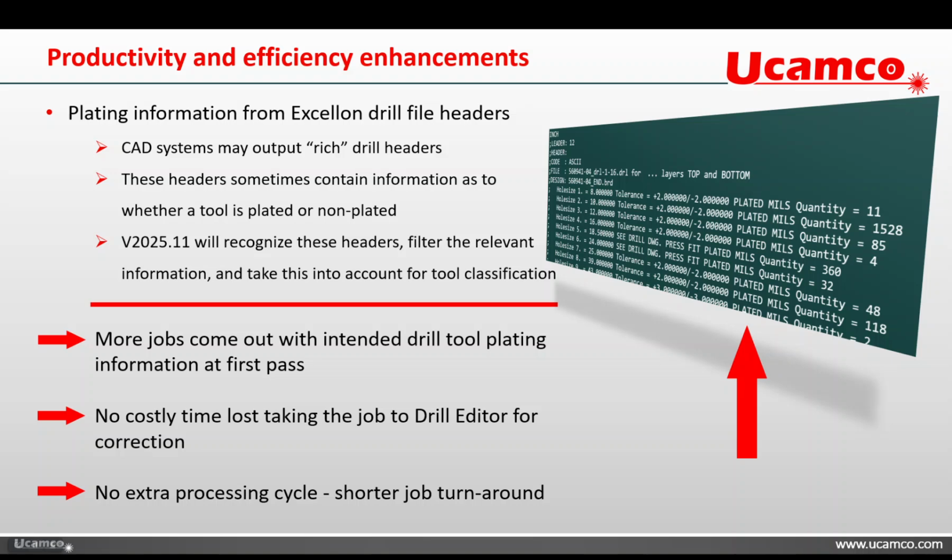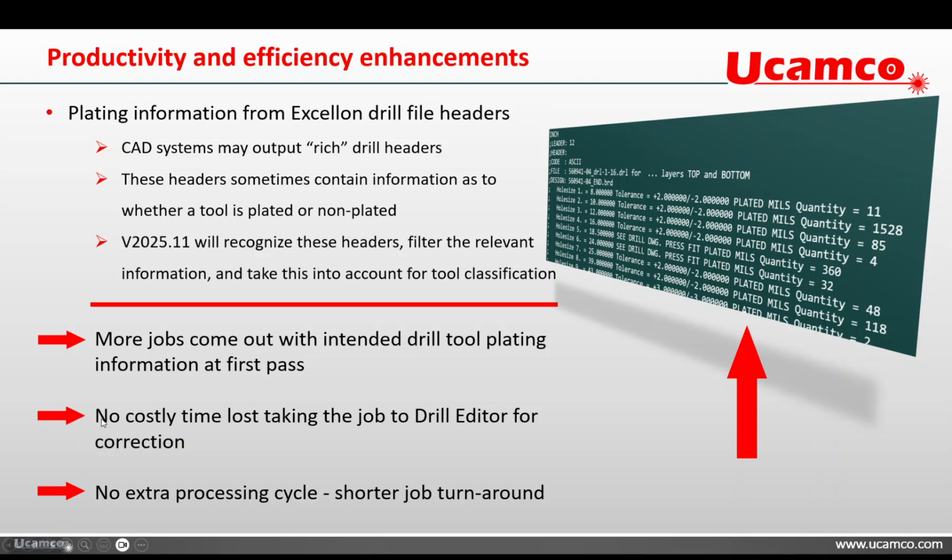This whole system works with weights, and what we do is if this information about the plating is present in a header for tools in the Echelon file, then we will give that a weight, an importance, to be taken into account as we decide whether a tool is going to be plated or not. So what we have seen is that more jobs come out with the intended drill tool plating once we have adopted this system.